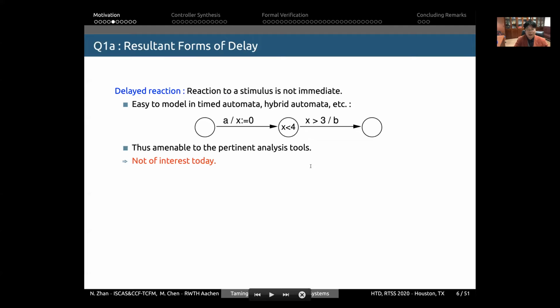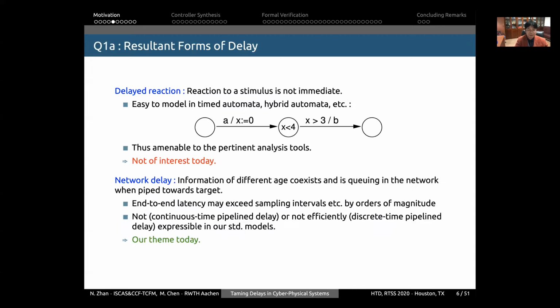Actually, such a type of delay is easy to model in classical models like timed automata, hybrid automata. Actually, such questions also can be verified using these techniques. So this question is not discussed today.